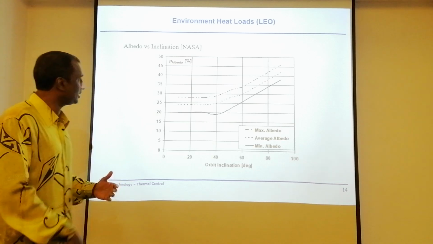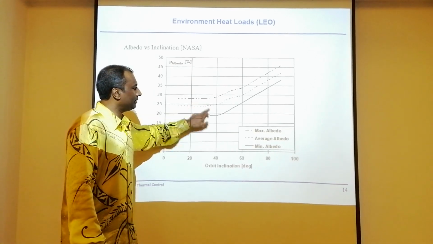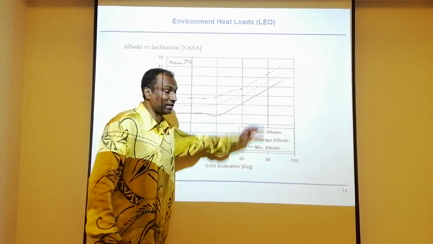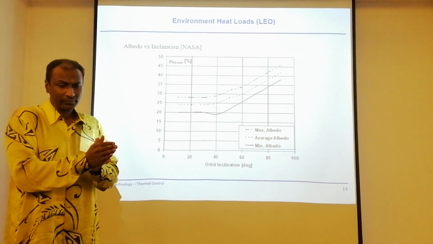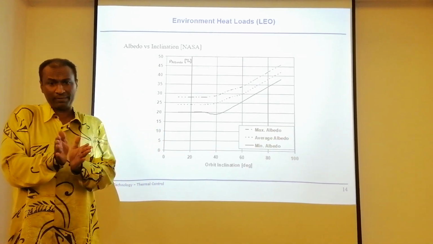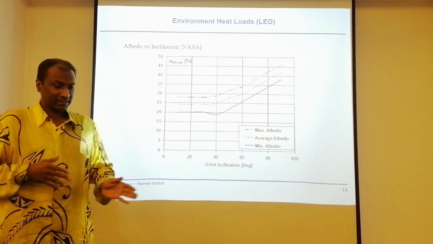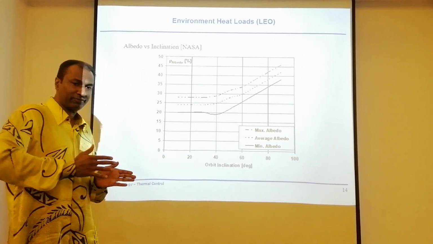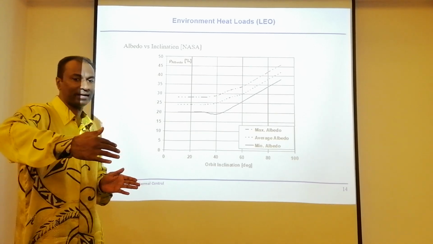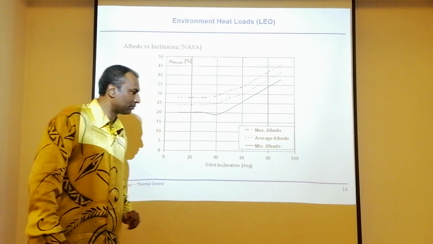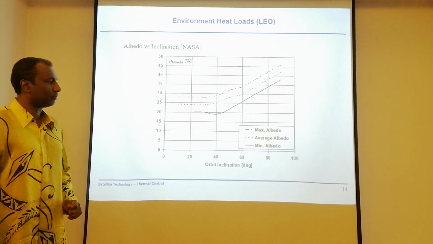Okay, that's why you see that it's quite minimum, and it gets better when you have the albedo angle, the reflection angle, getting more and more. It gets better when the inclination goes higher. The reflection happens, and you can actually get a better albedo hitting your body.